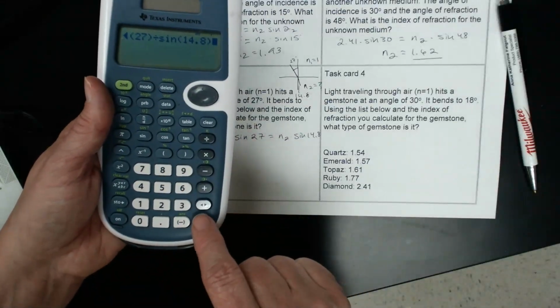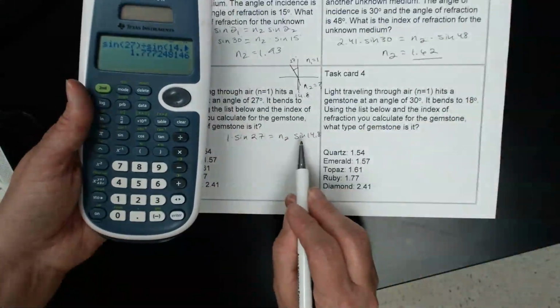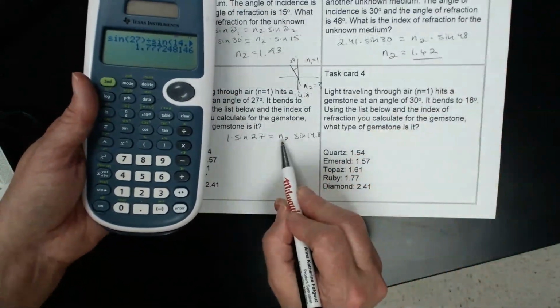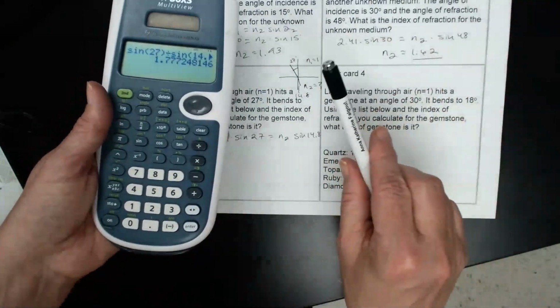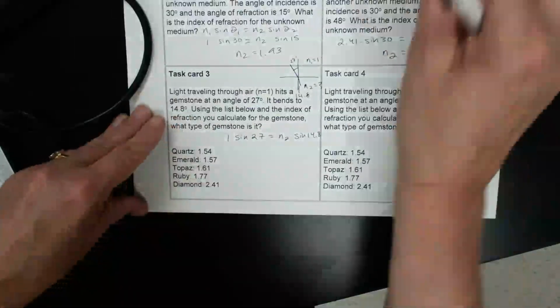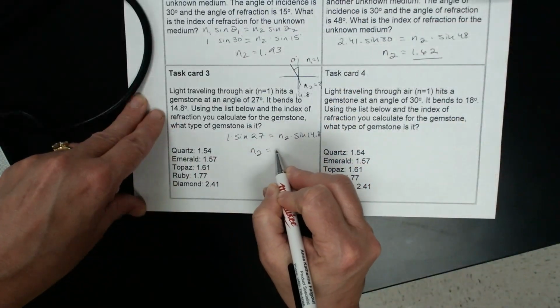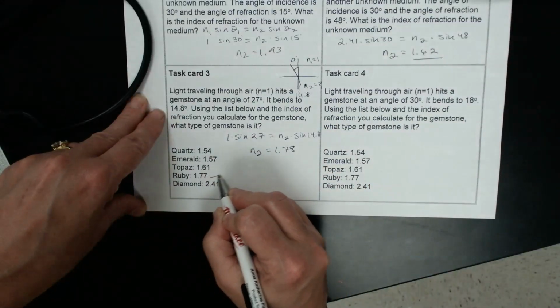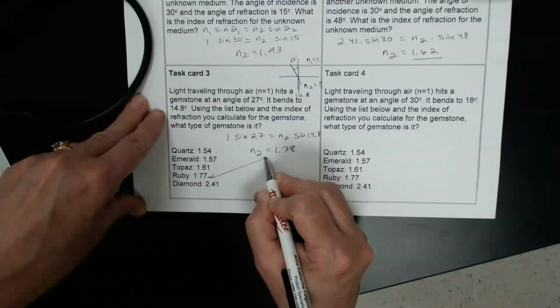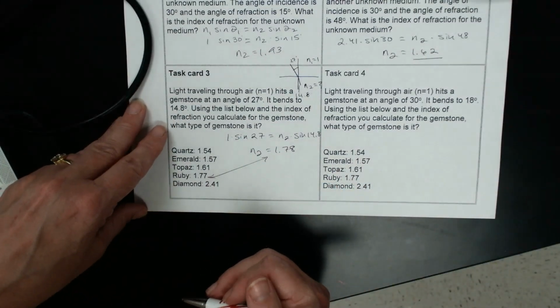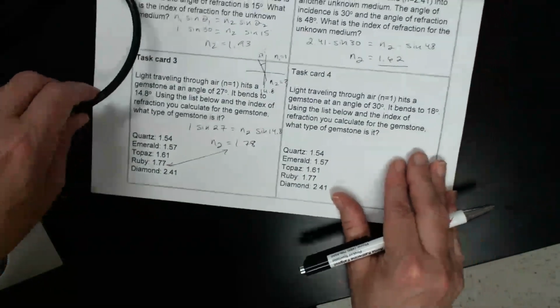And I'm just dividing both sides by this, okay, because I want to solve for this. That gives me 1.78, and that is closest to a ruby, okay? So this gemstone is a ruby based off this list.